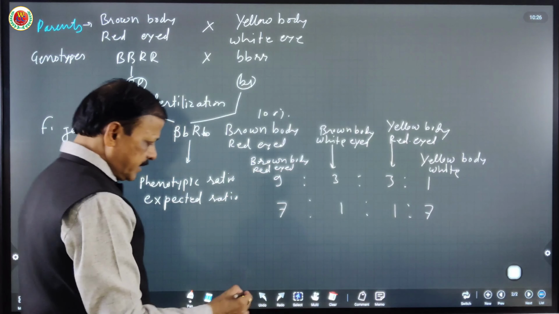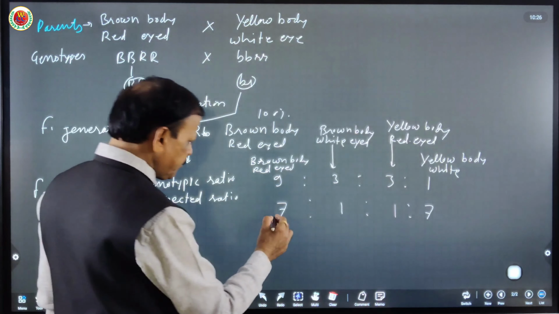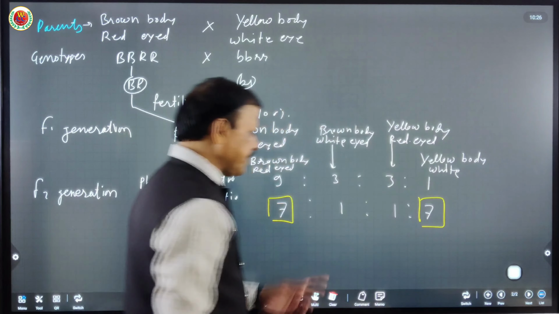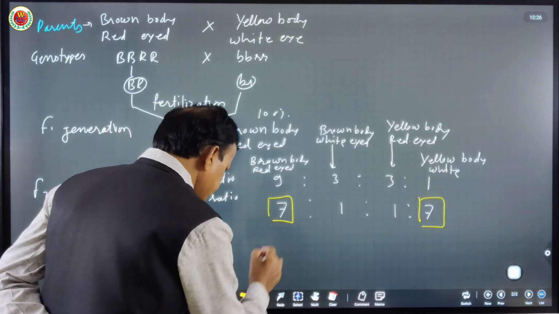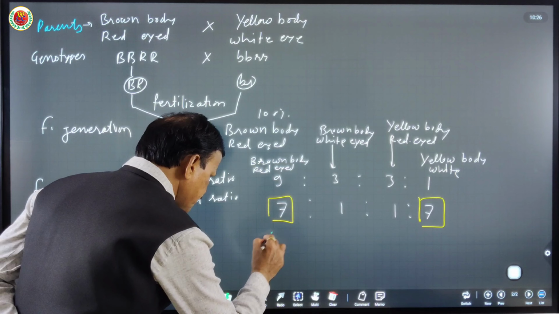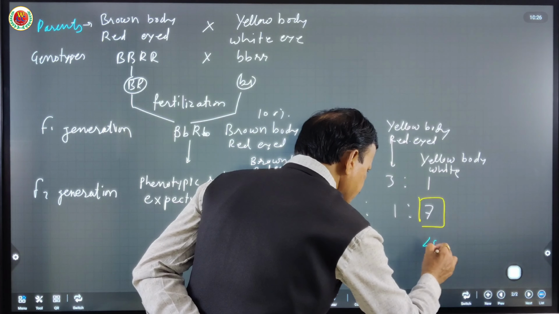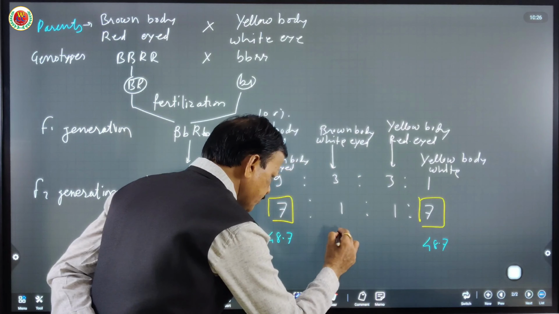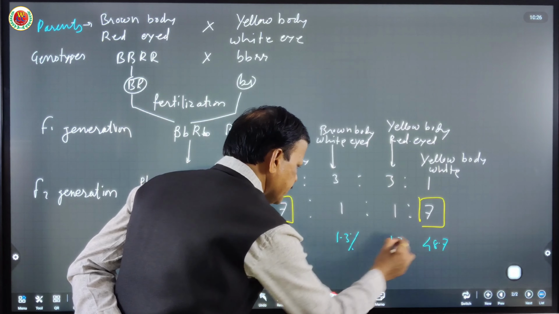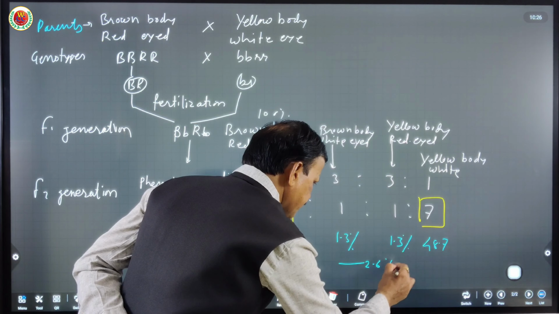But what they observed, the ratio they got, was 7:1:1:7. See the number of members which were supposed to be parental found more than recombinant. This was the percentage: 48.7 for each parental type, and recombinant was just 1.3 and 1.3. So altogether, recombinant was 2.6%.